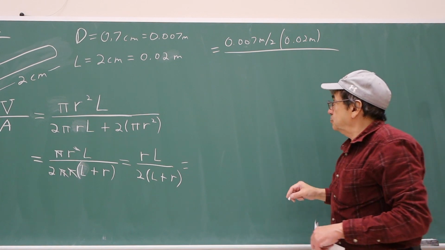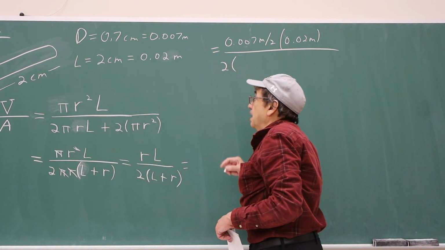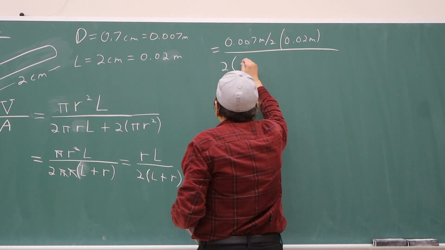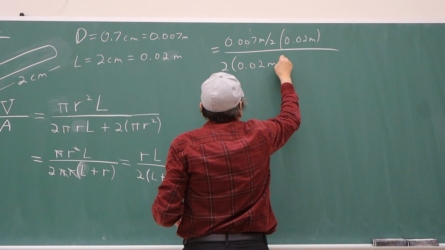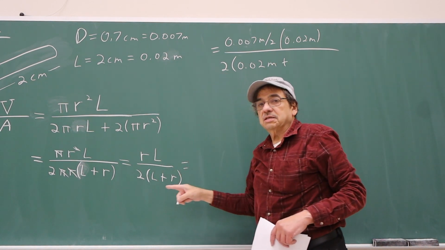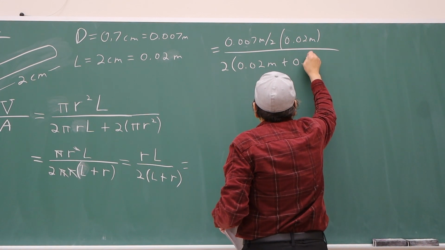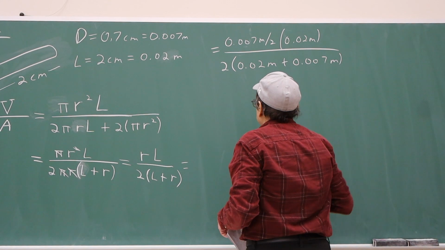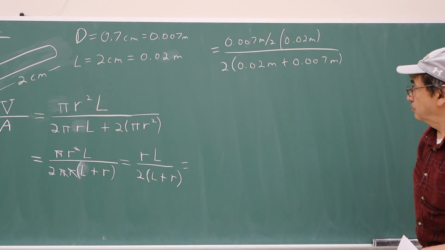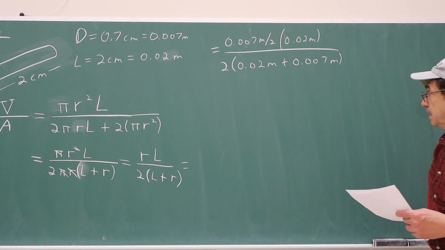And then 2 times our length, 0.02 meters, plus our radius, which is 0.007 meters, like this. And put that all in your calculator.